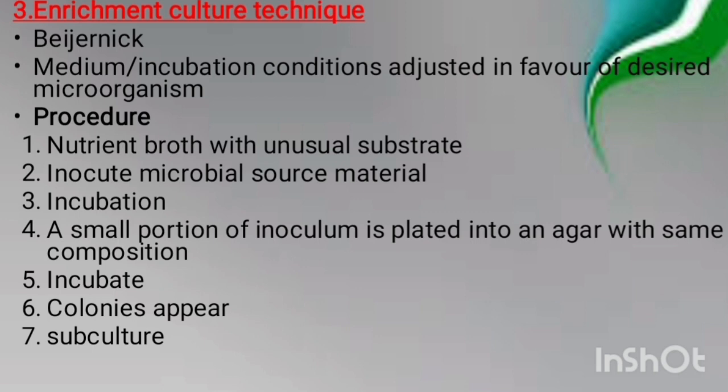Then a small portion of the inoculum from that flask is plated onto a medium having the same composition, that is nutrient agar with cellulose powder. The colonies appear after the incubation. That colony is subcultured and further tested.